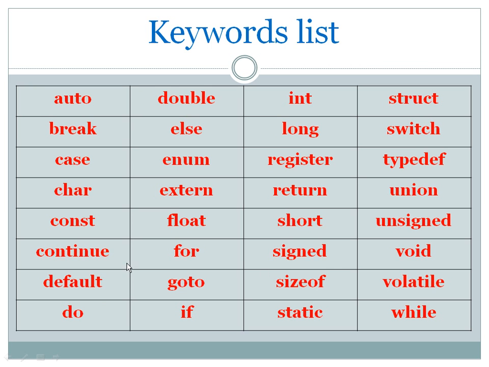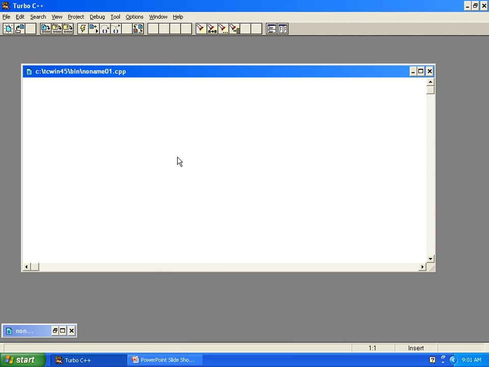You can see we have a few keywords here. #include is not a keyword, it's a preprocessor directive. We'll see it later. And stdio.h is a library. This is also not a keyword.